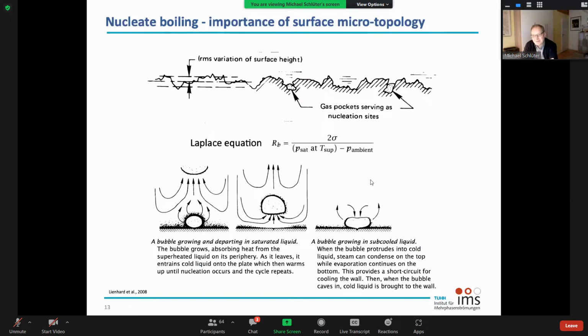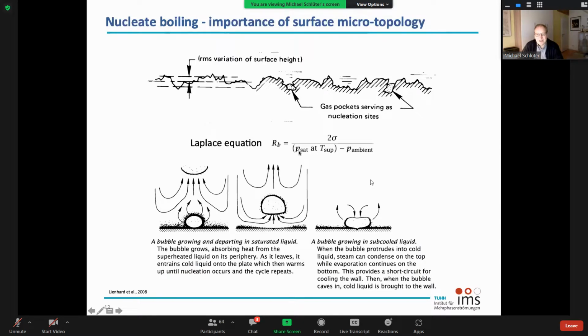Therefore, I would like to show you this graphic here from the book of Lienhard that very nicely shows what's going on. The point is that we have to overcome the Laplace pressure. You might remember we talked already about the Laplace equation. The Laplace equation gives a pressure difference between the bubble and the ambient condition. So this is our pressure difference.